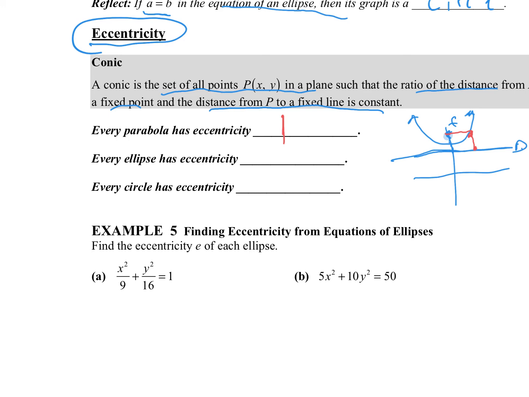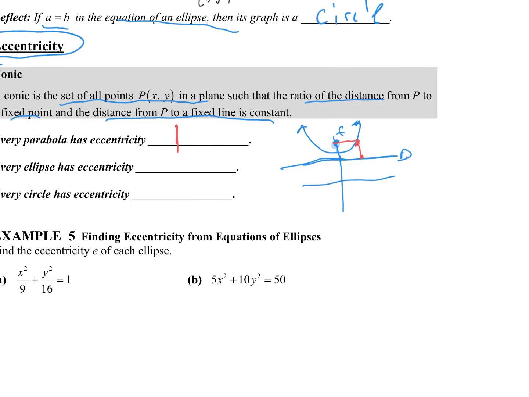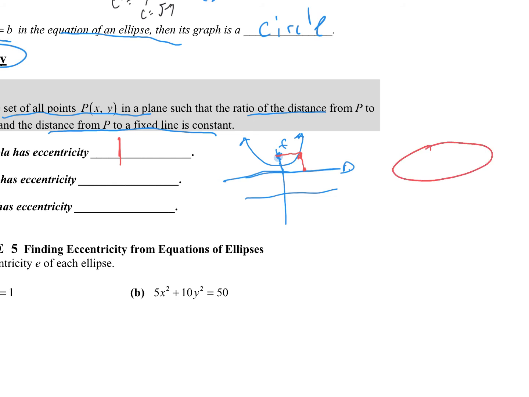Now, ellipses are different. If I talk about the focal point, here's your center right here, here's your focal point. We know this distance here is the C distance, right? Well, C has to be greater than 0, but it has to be less than, well, not 1 yet.